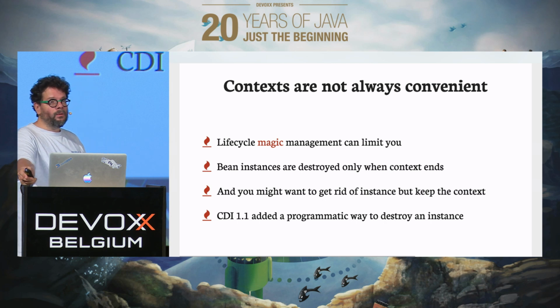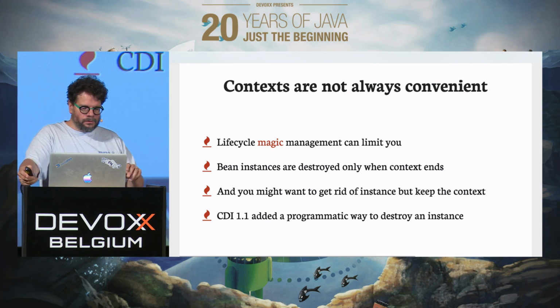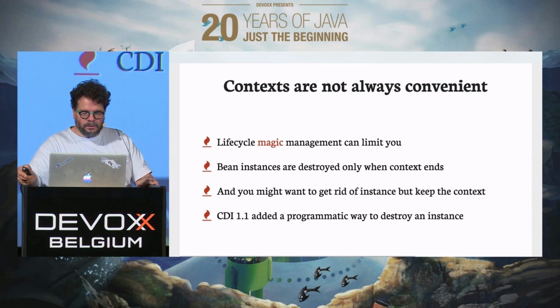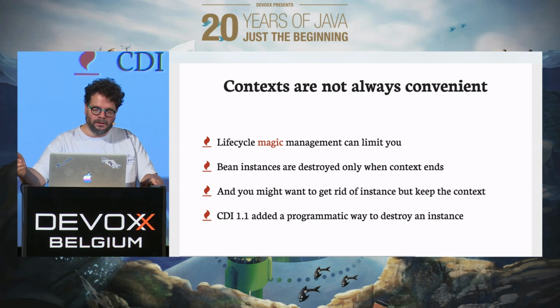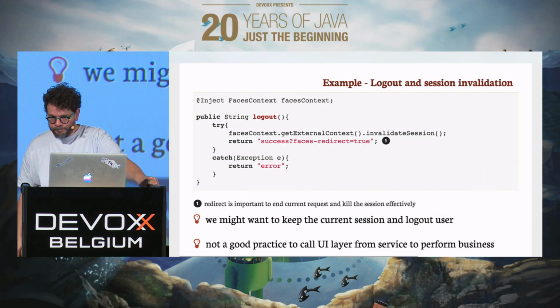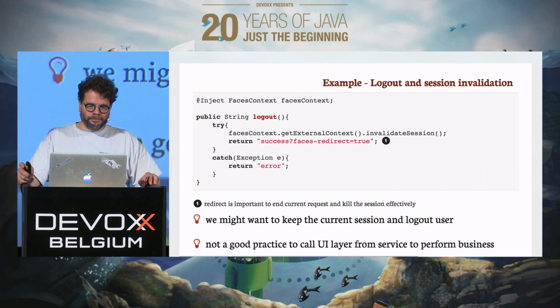In CDI 1.0, it wasn't possible to do that. It was not very easy to do that. Since CDI 1.1, you have a programmatic way to destroy a bean instance in a given context. If you want to do logout, you have two solutions. The first solution would be to invalidate the session.